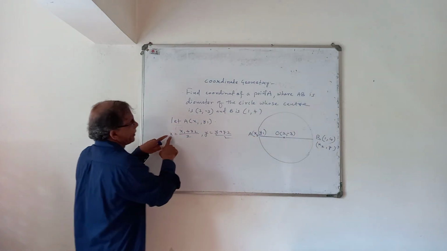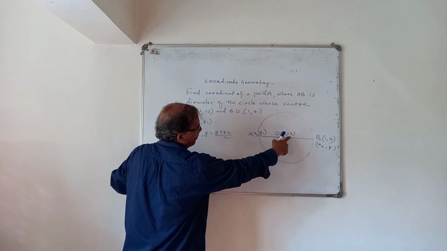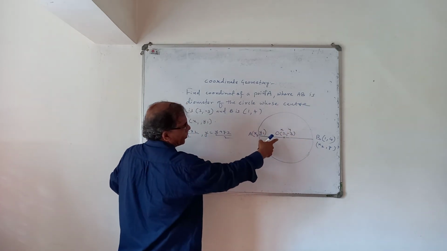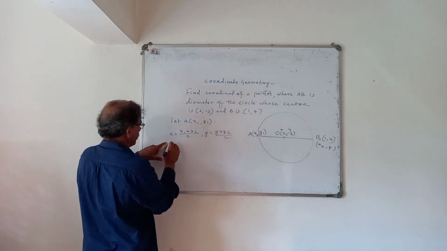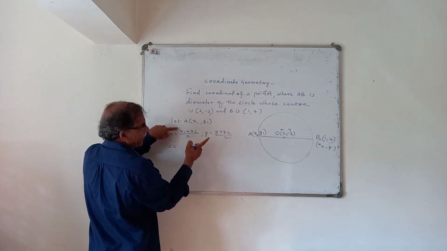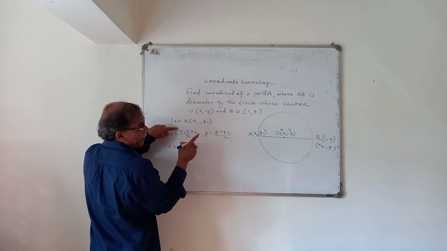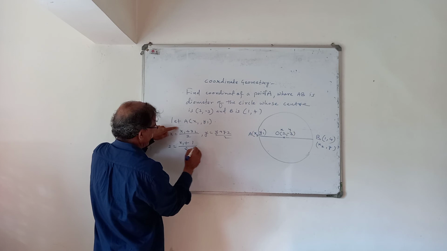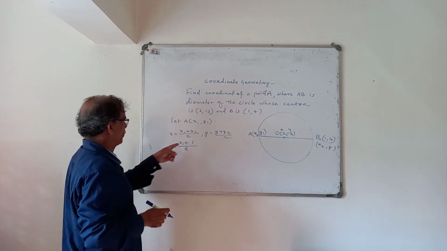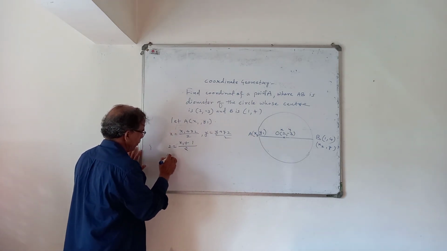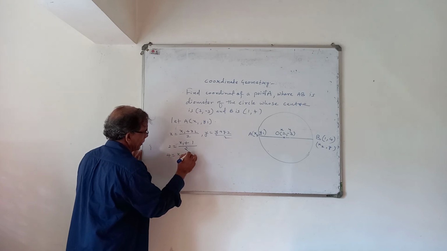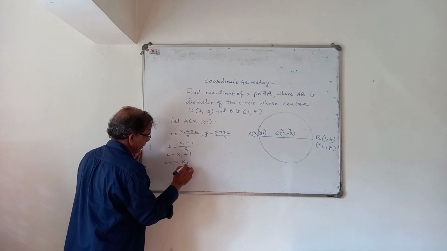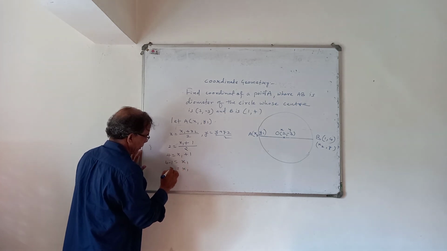Remaining things we know. X, what is x now? This is our x and y, isn't it? This is x, this is y. X is equal to midpoint formula. So 2 is equal to x1, we don't know, plus x2, that what? 1, whole upon 2. Now you simplify this to get x1. 2 into 2, 4 is equal to x1 plus 1, or 4 minus 1 is equal to x1. x1 is equal to 3.